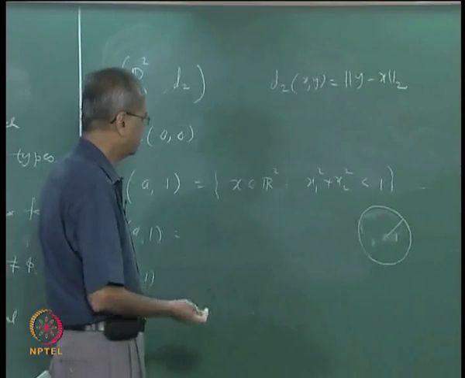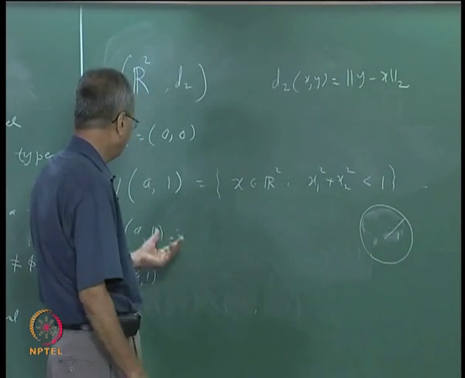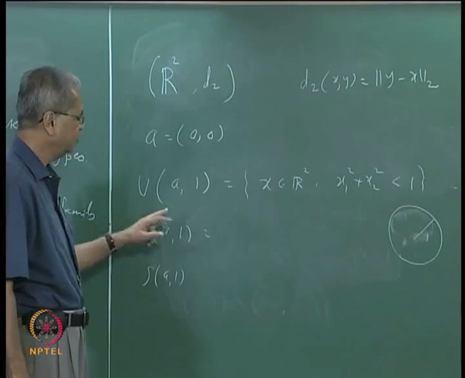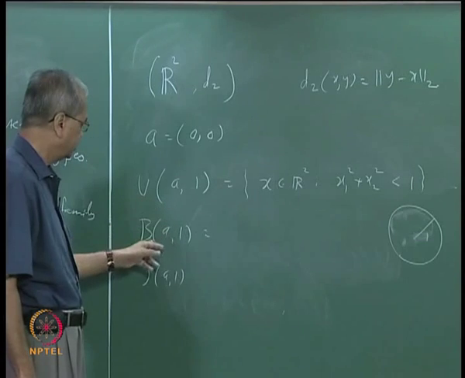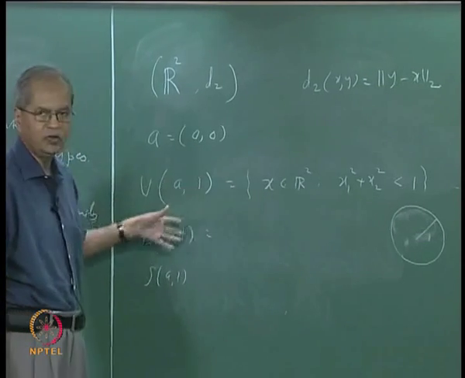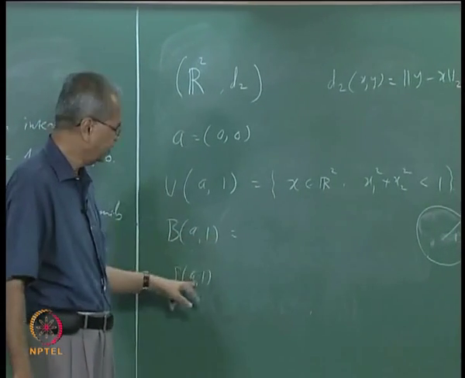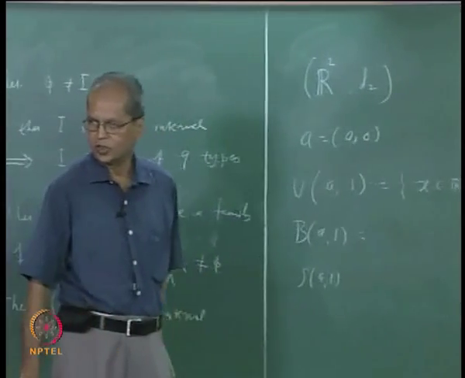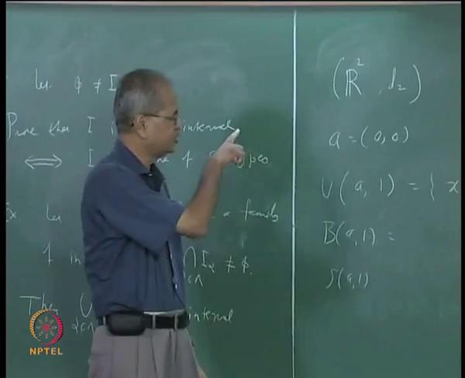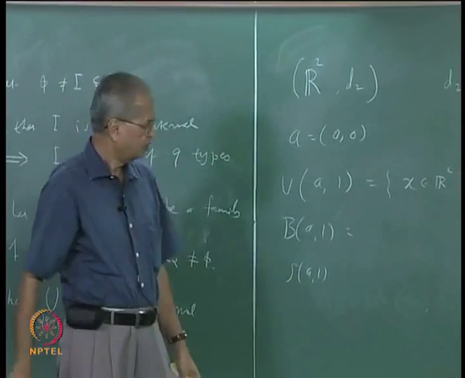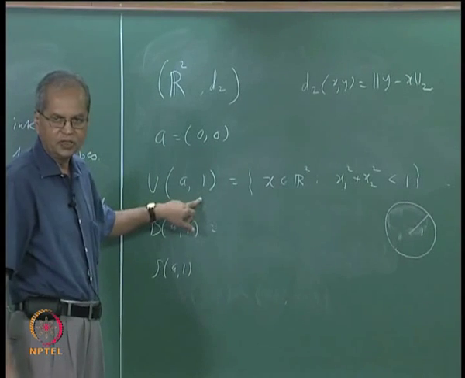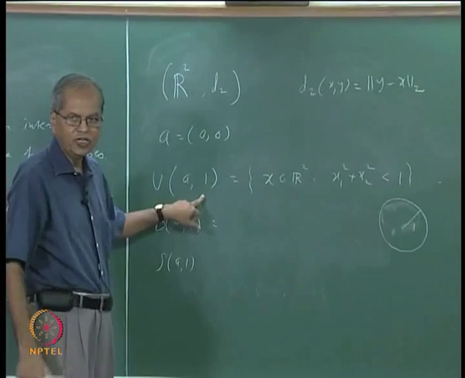Now let us make a small change here. For example, in R3 the open ball with center at the origin and radius 1 will be the open ball, and the closed ball will be the one which will also include the sphere, and the sphere will be just the set of all points which are exactly at a distance 1 from the origin. By the way, in these spaces R2, R3 etc., when the center is 0 and the radius is 1, those kinds of balls are called unit balls.